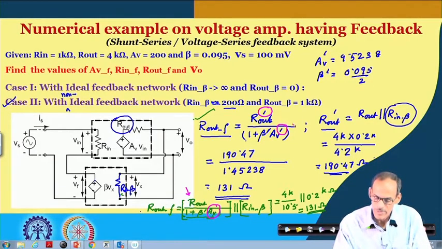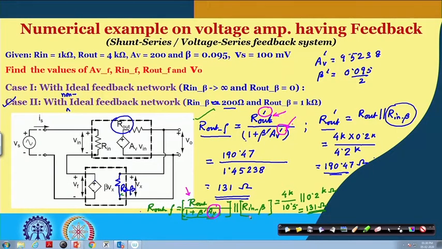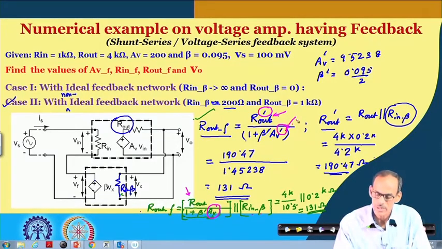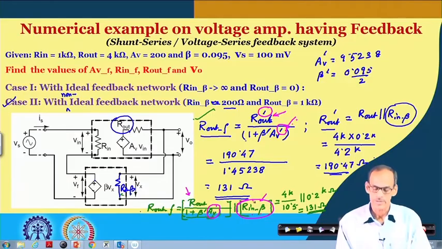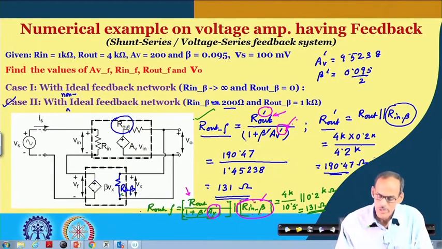This R in beta has already been captured here. So, we do not consider this R in beta here, but in this case, on the other hand, R in beta was completely ignored. Now, we can incorporate that. But while we are doing this exercise, the beta, however, remains load affected.